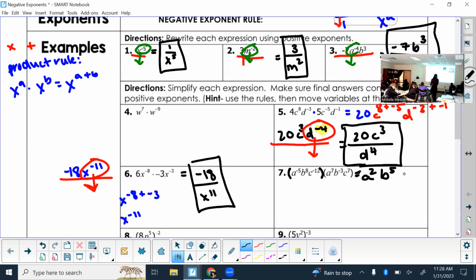Table 5, what will be the exponent on the C? No. So that's -12 plus 7. -12 plus 7. Well, this is a -12, this is a 7, together.